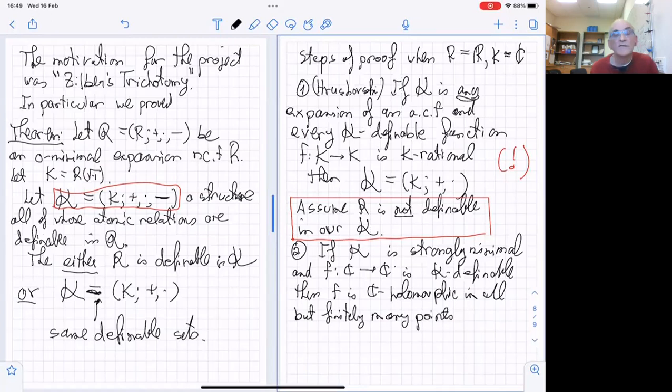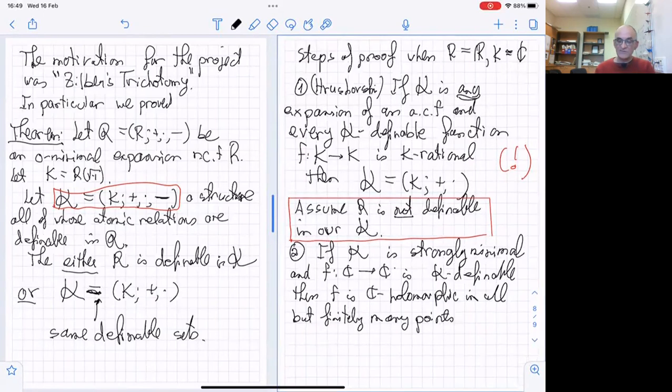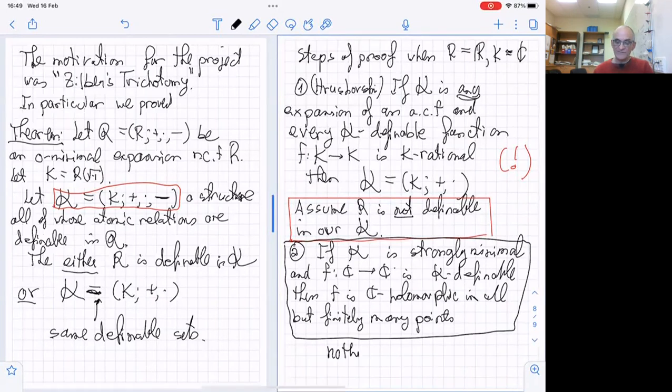So somehow, strong minimality together with o-minimality tells you that functions of one variable are almost everywhere holomorphic. I will not say anything about this part. This is more related to work of the type that Ben Castle is doing, of how much you can exploit o-minimality and strong minimality. But I will say nothing about this here. This part is really a delicate model theory of strong minimality played against o-minimality.